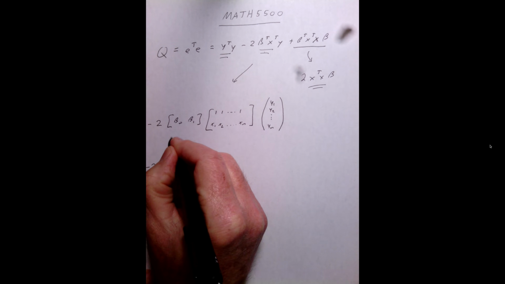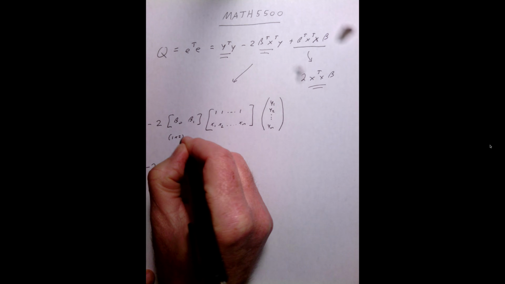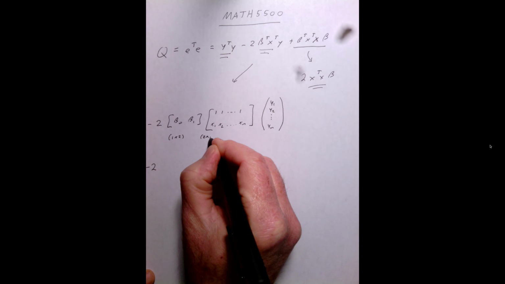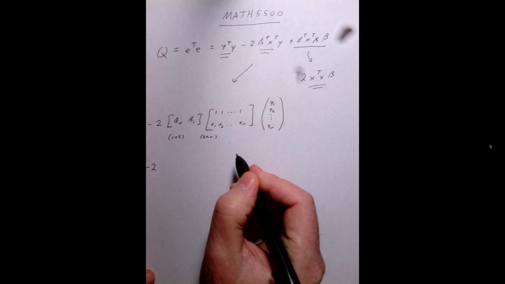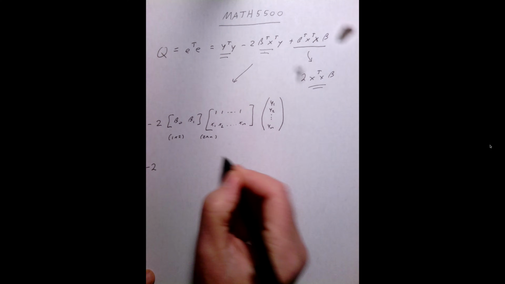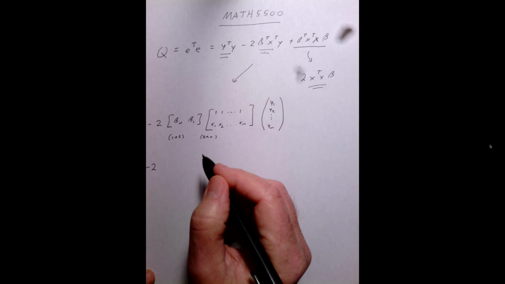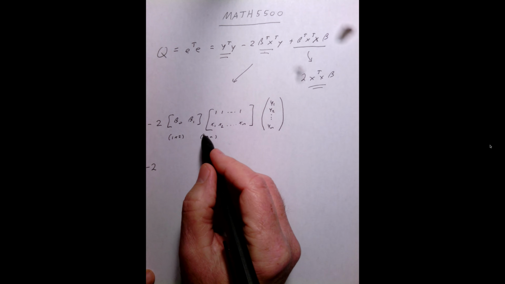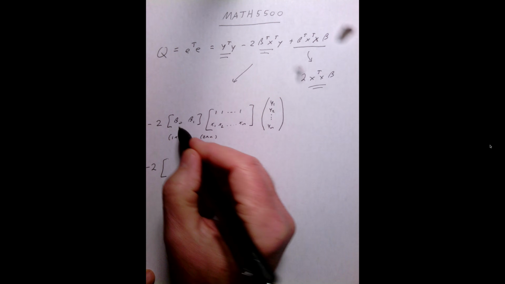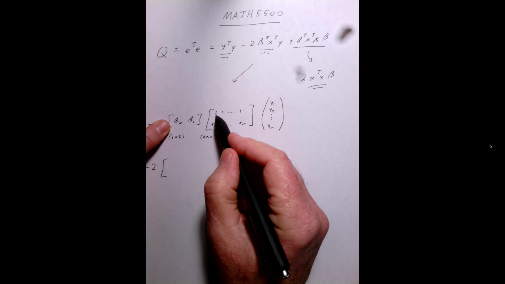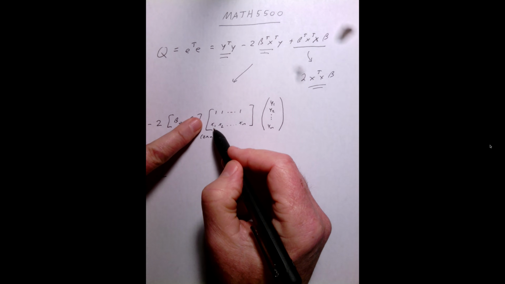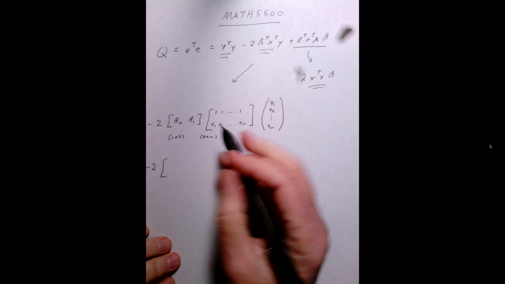So let's examine. We have a 1 by 2, and here we have a 2 by n. So conditions for multiplying are set, so we're going to have a 1 by n matrix. If we do a linear combination of the first row and first column, I get beta 0 times 1 plus beta 1 times x1.